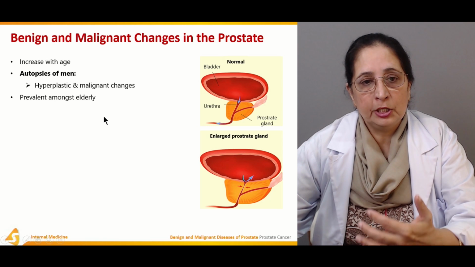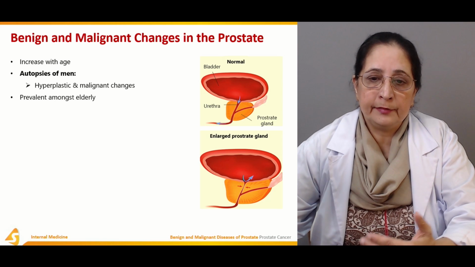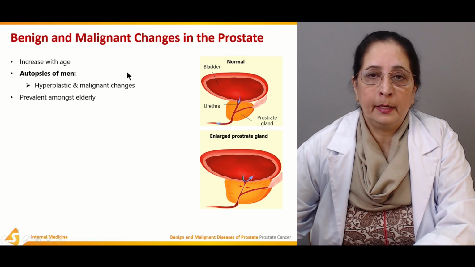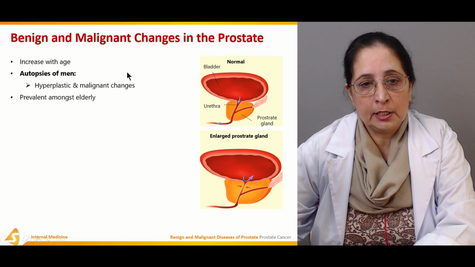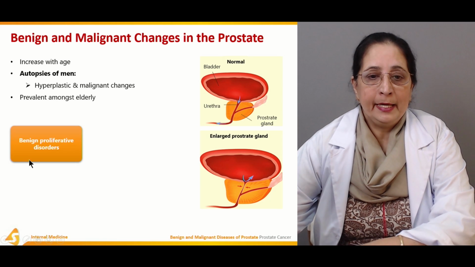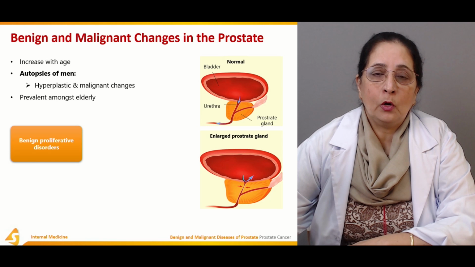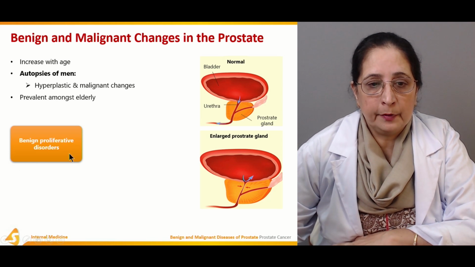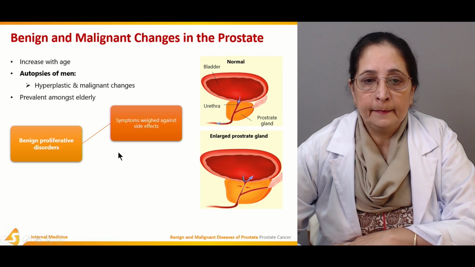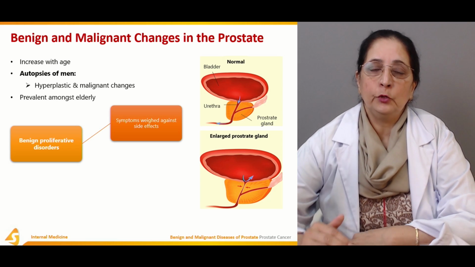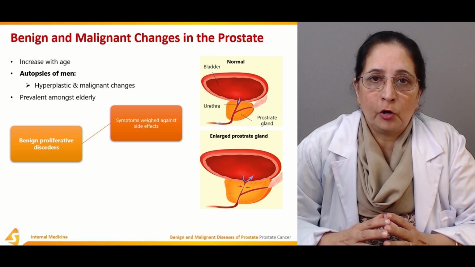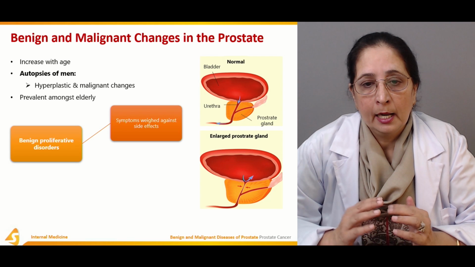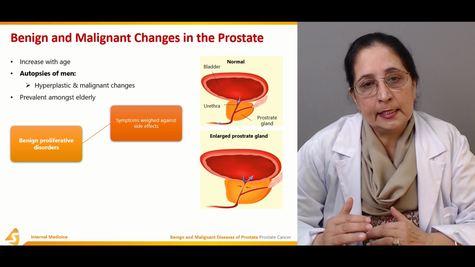So as the age increases, the chances of developing prostate hypertrophy and malignant and benign changes increase. Benign proliferative disease, or BPH, which is benign prostate hypertrophy: the symptoms produced by the hypertrophy or proliferative disorder of the prostate are weighed against the side effects.